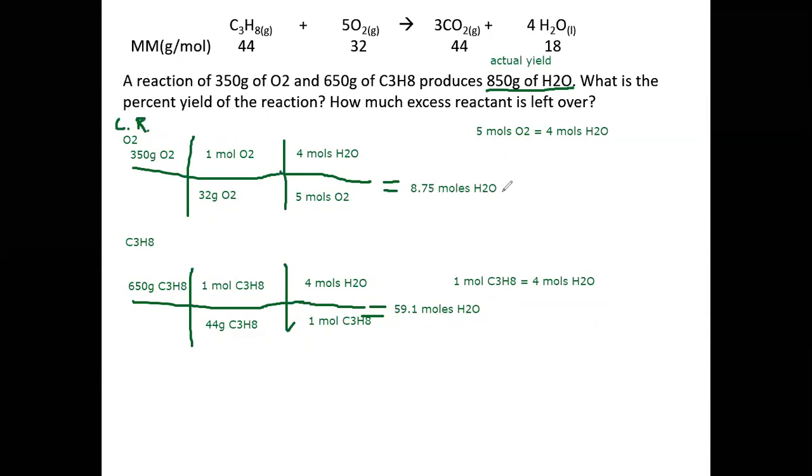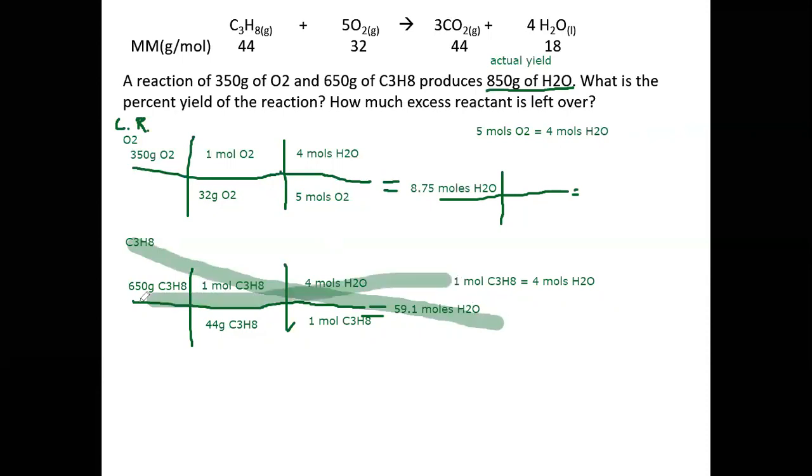So now we're going to take the moles of water produced by the limiting reactant and convert it to grams. And again, we can disregard everything for propane. So we don't need any of that information now. So to convert moles to mass, we need to multiply by the molar mass.